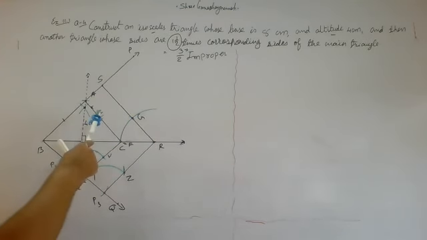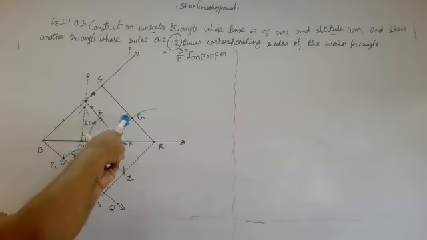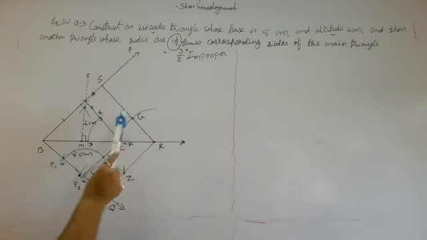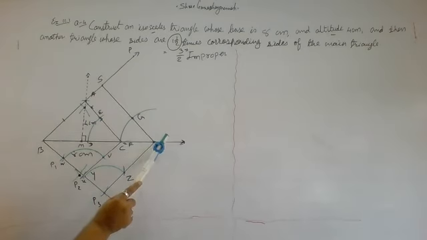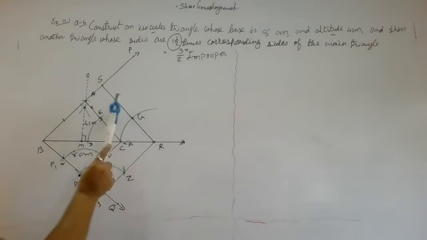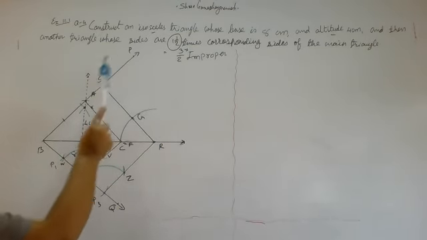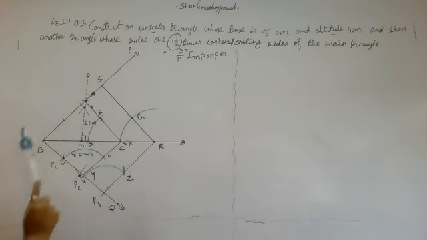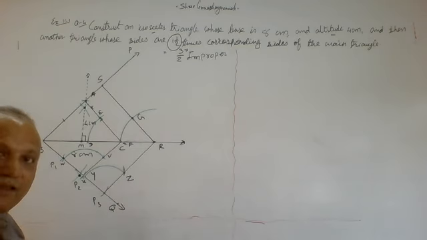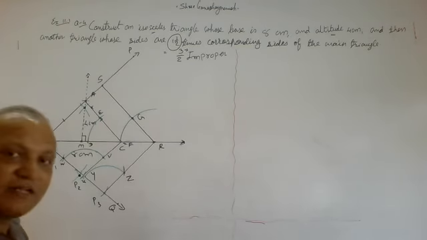Then I have taken the exact measurement of DE. With the same measurement I have intersected this, and then it is intersected at G. Then join R and G. This line will intersect BP at S. Hence triangle SBR is our required triangle. I hope everybody understands it.